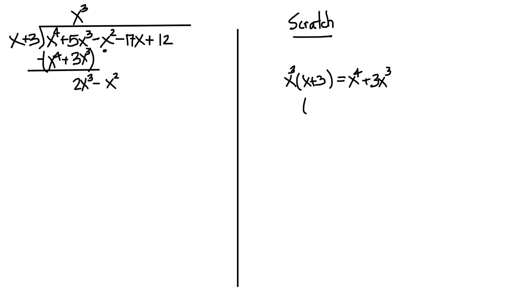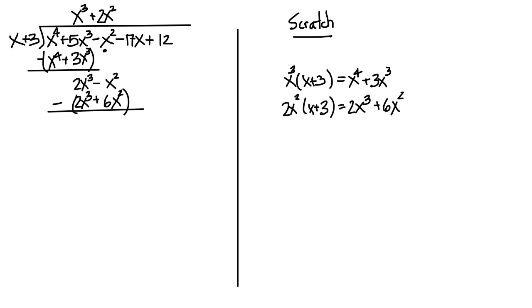So my divisor again is x plus 3. I'll need to have 2x squared there. That will give me 2x cubed plus 6x squared. I'm subtracting that, and this will give me minus 7x squared. Bring down the 17, so minus 17x.